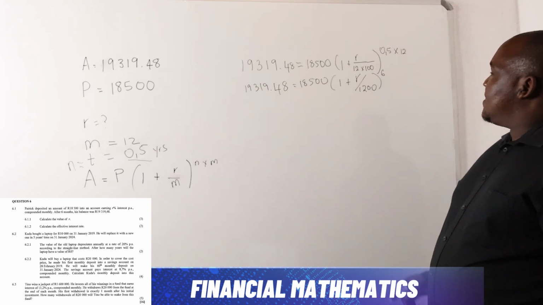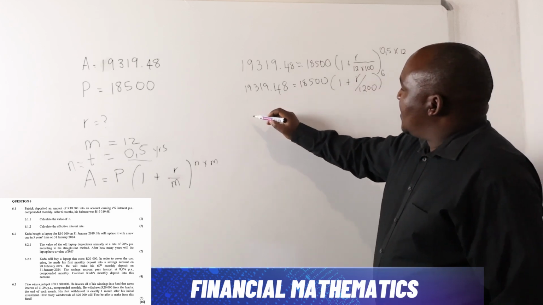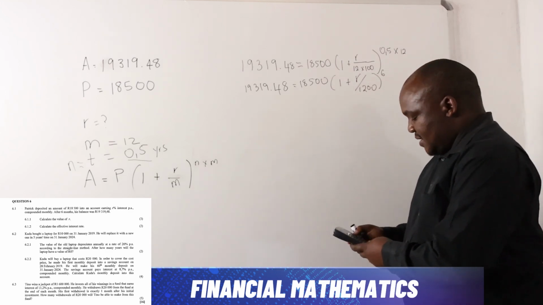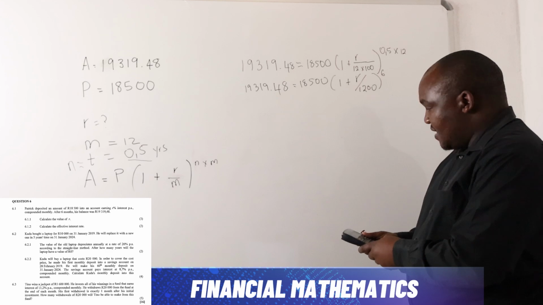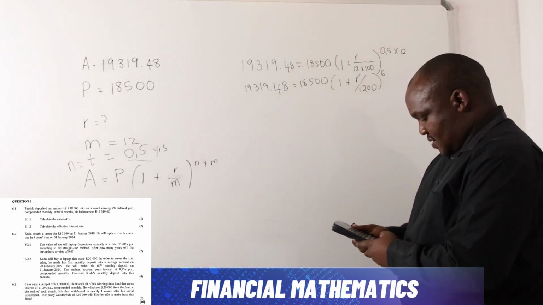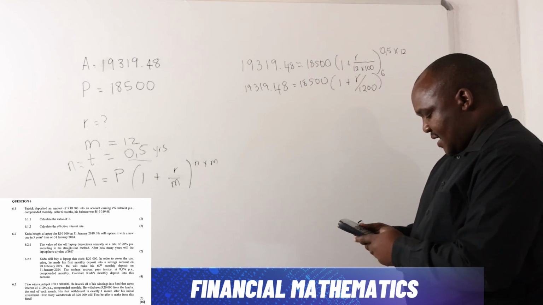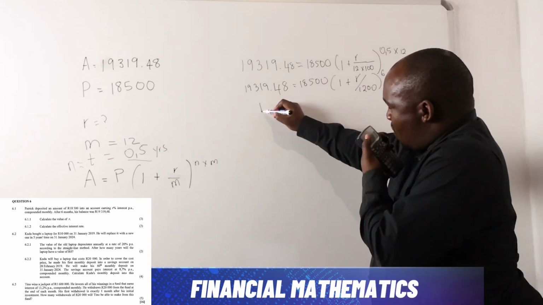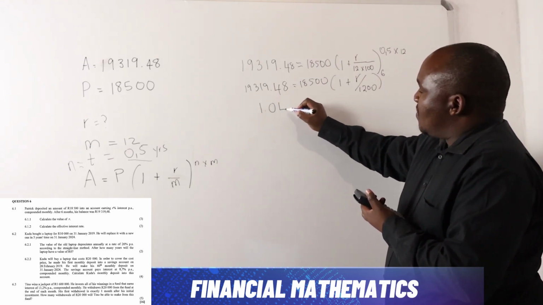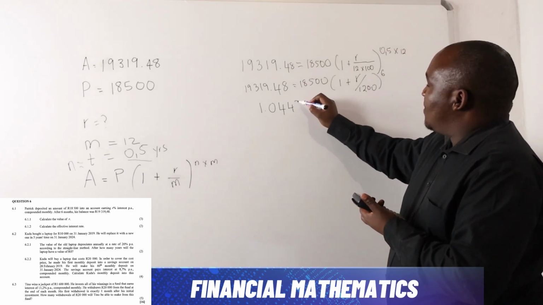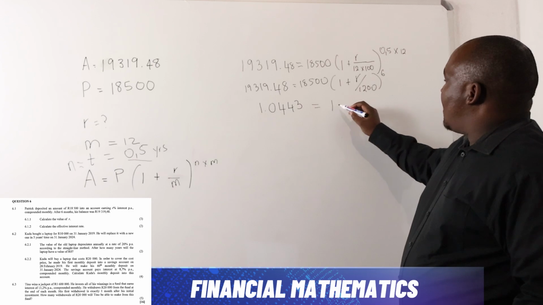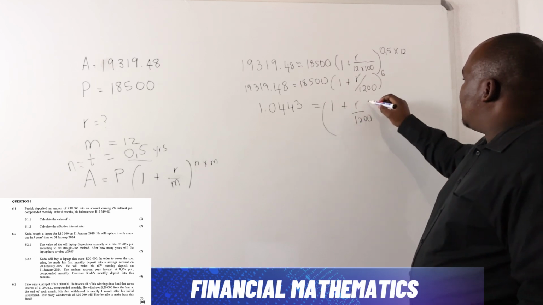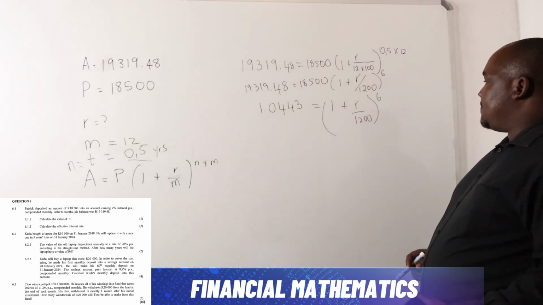Now, what we are left with is to calculate this value of R. I will shorten it by pressing my calculator: 19,319.48 divided by 18,500, which is 1.0443, equals 1 plus R over 1,200, all to the power 6.